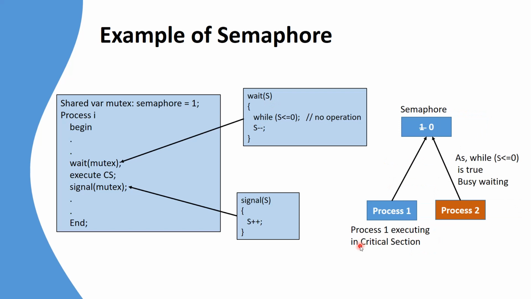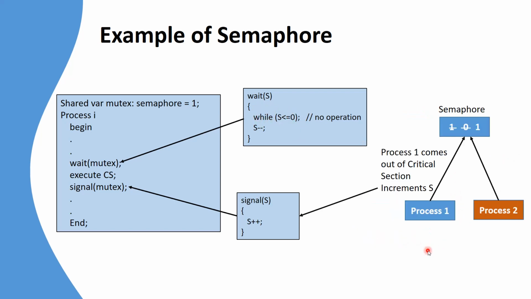While process 1 is executing in the critical section, process 2 checks the value of s in the statement while s less than or equal to 0, and it sees 0 is less than or equal to 0 and the condition is true. So process 2, because of this semicolon, is now busy waiting, that is, it is executing in this particular loop only. In the meanwhile, process 1 completes its execution and comes out of the critical section. When process 1 comes out of the critical section, it increments the value of s using the signal operation.